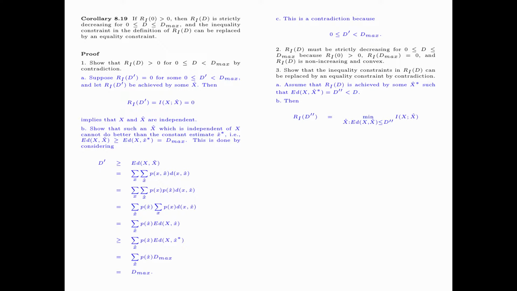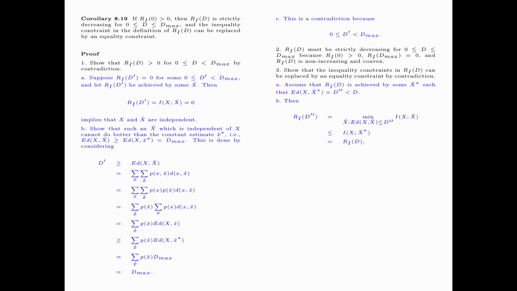Then R_I(d''), by definition, is equal to the minimum of I(X; X hat) over all x hat such that the expectation of d(X, X hat) is less than or equal to d''. This is less than or equal to I(X; x hat star) because the expectation of the distortion between X and x hat star is equal to d''.